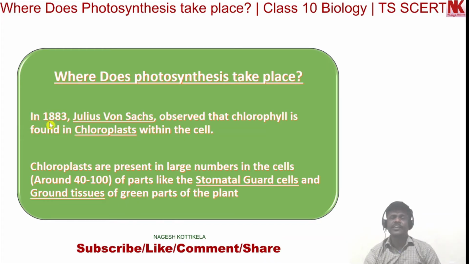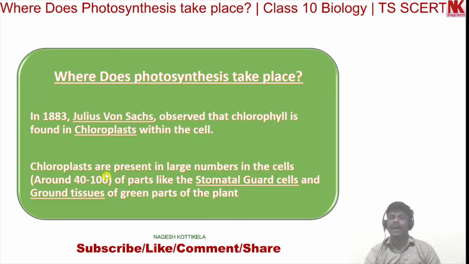In 1883, Julius von Sachs observed that chlorophyll is found in chloroplasts within the cell. Chloroplasts are the cell organelles containing chlorophyll pigment, and chlorophyll is a photosynthetic pigment.